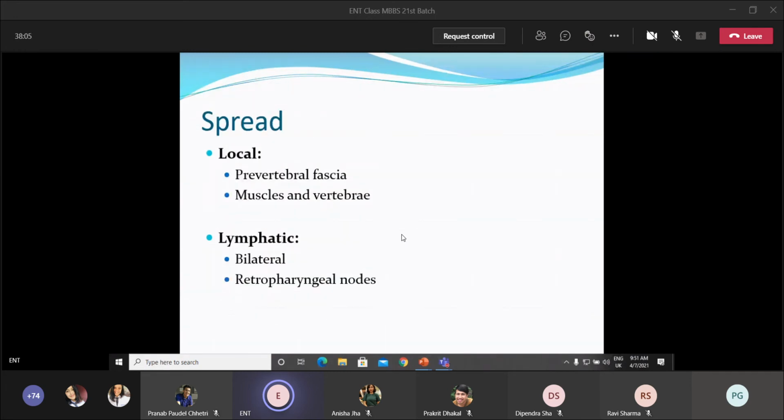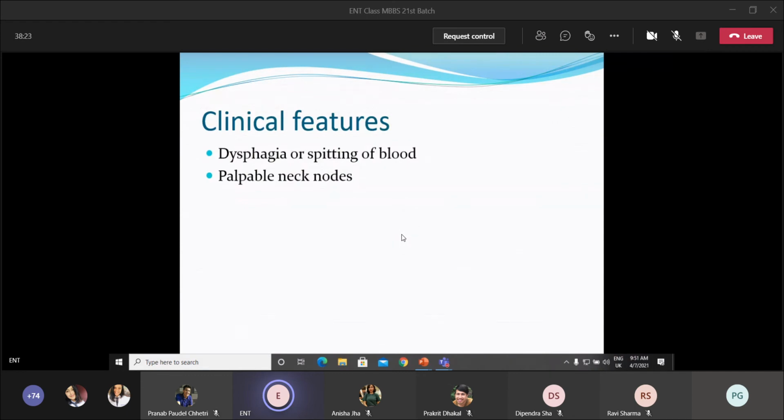Spread. If it spreads locally, then it will invade the prevertebral fascia, muscles, and vertebra. And lymphatic spread can occur bilaterally, and mostly it involves the retropharyngeal nodes. Clinical features are dysphagia or spitting of blood and palpable neck nodes.